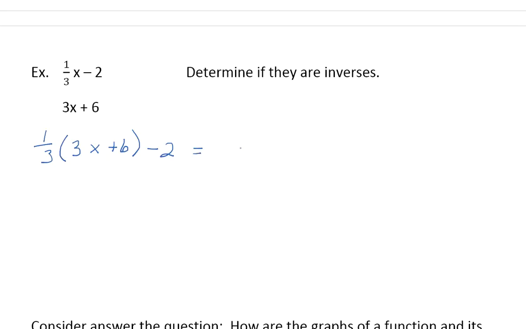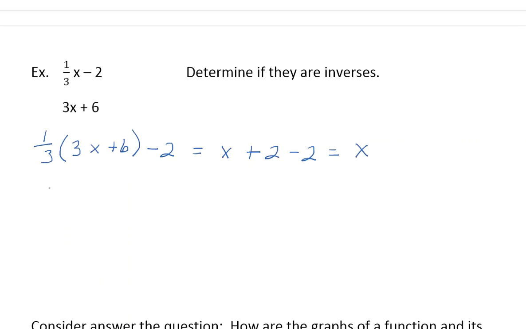So let's simplify this. Using distribution, 1/3 times 3 is 1, so I have x. 1/3 times 6 is 2, positive 2, and then I'm subtracting the negative 2, and that does simplify just down to x. So that's putting the first and the second.